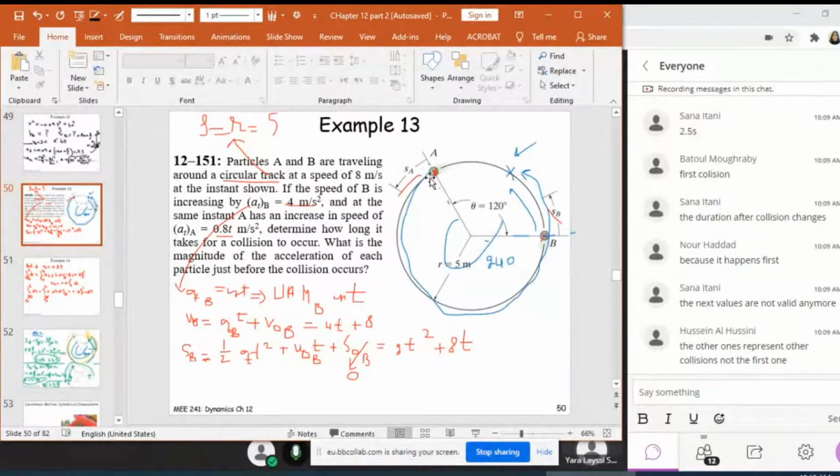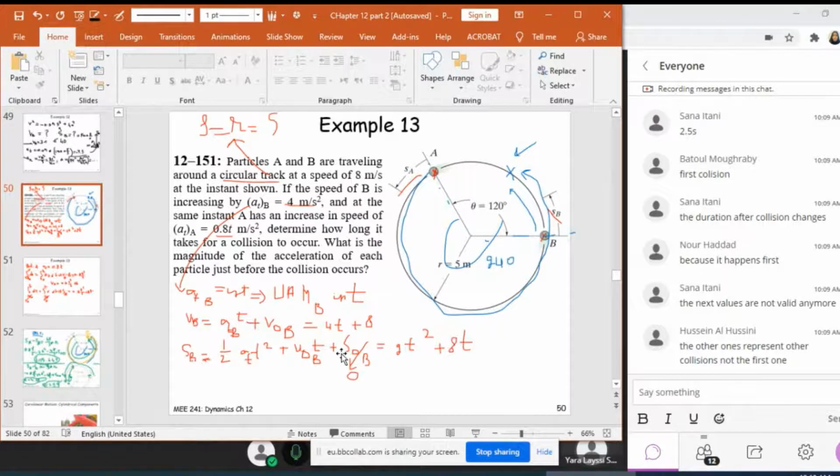S0B will be equal to what? SA0, which is 0, plus this arc here. It will be equal to 2 times 2 pi over 3, or 4 pi over 3 r. So this 4 pi over 3 will be shown here in S0B. And then you can say SA is equal to SB in order to find the time.